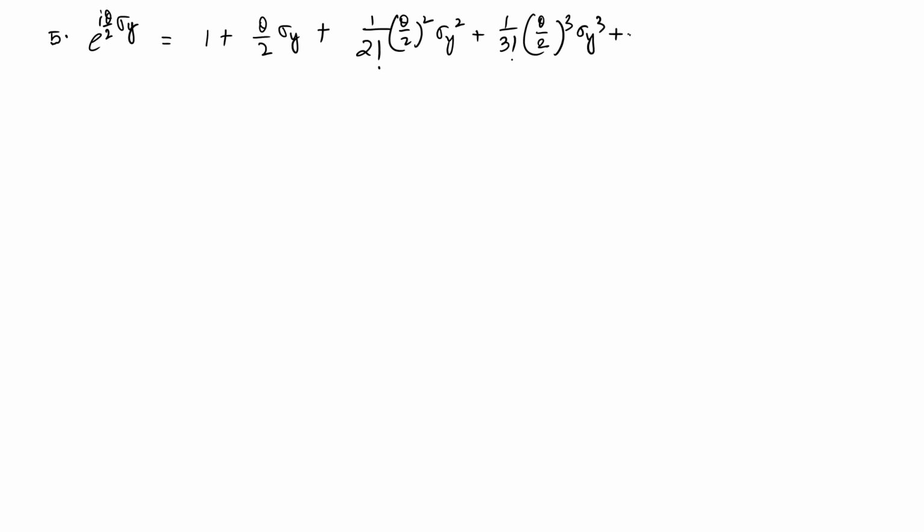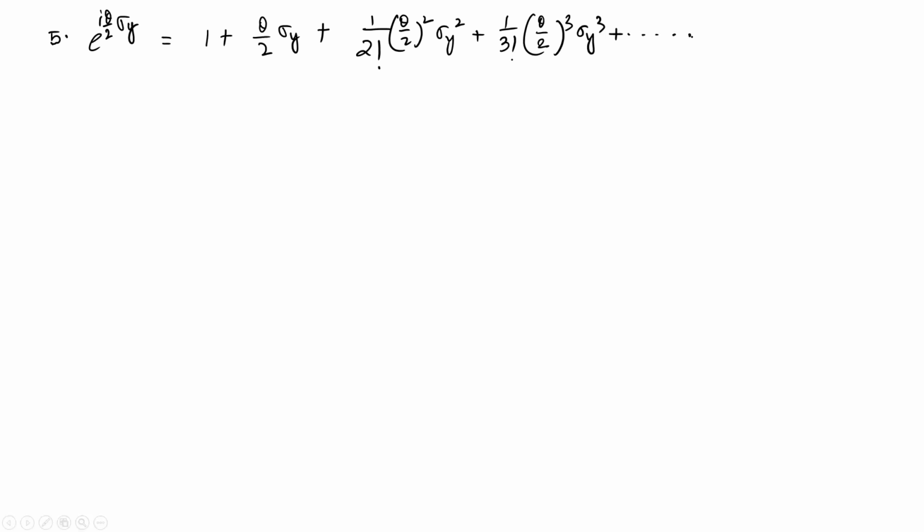If you are talking about s equal to half, that is spin half objects, and consider rotations, this is going to be the rotation operator, and it can be simplified because you can expand it. So this is i theta by 2 sigma y, plus 1 by 2 factorial theta by 2 whole square sigma y square, and so on, 1 by 3 factorial theta by 2 whole cube sigma y cube, and so on.